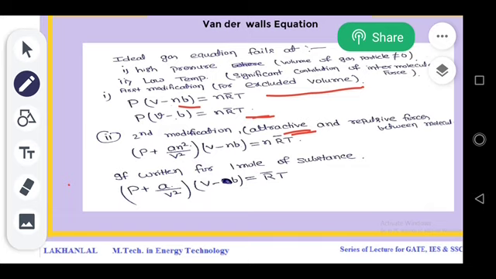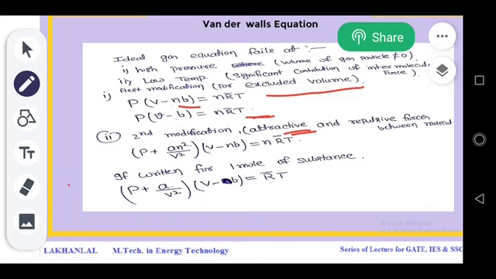Because in an ideal gas, the molecules have a large separation distance between their atoms or molecules. That's why their intermolecular interaction is negligible, so they can exert more pressure.